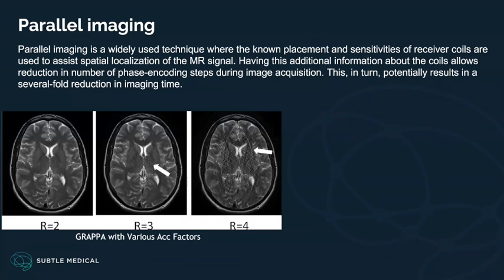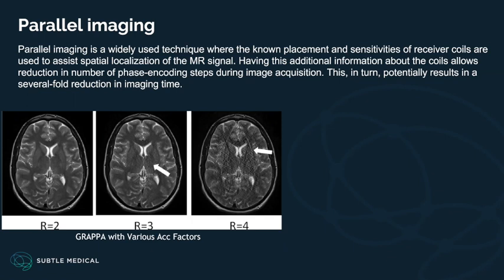For example, Siemens provides techniques like GRAPPA, CAIPI, etc. GE has technologies like ARC in their portfolio, which does similar things in terms of increasing the efficiency of these sequences while providing equivalent image quality.